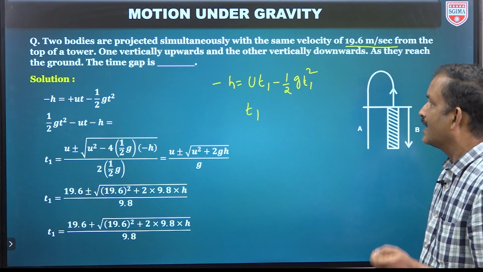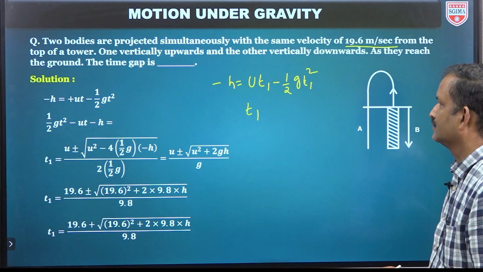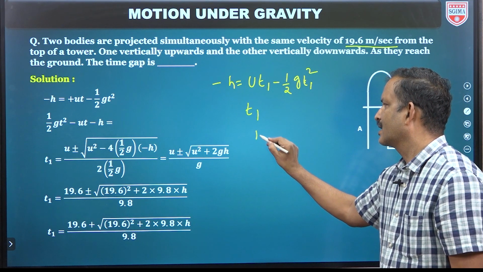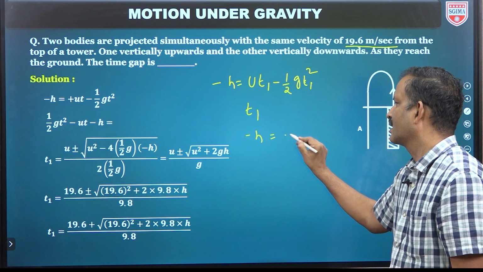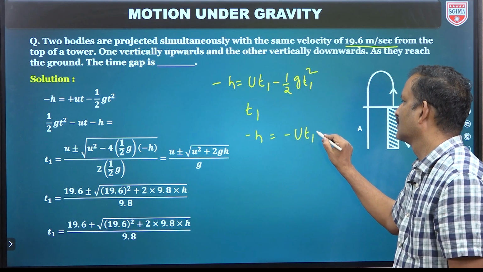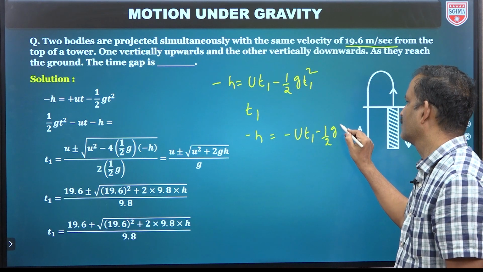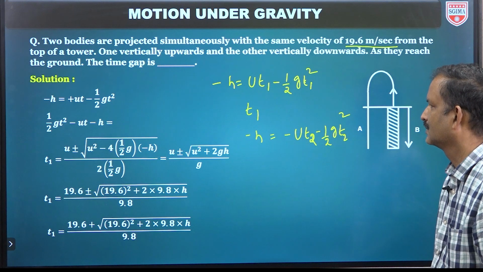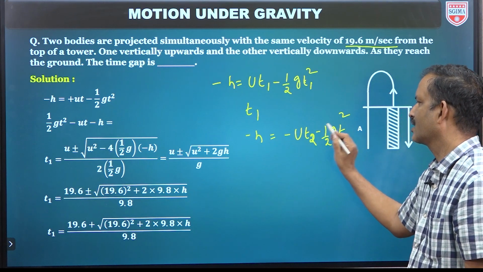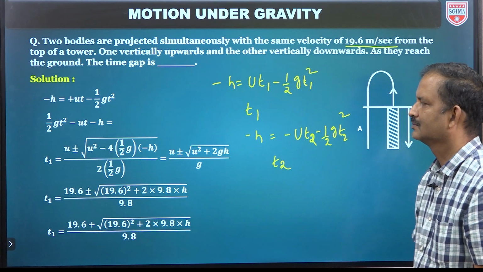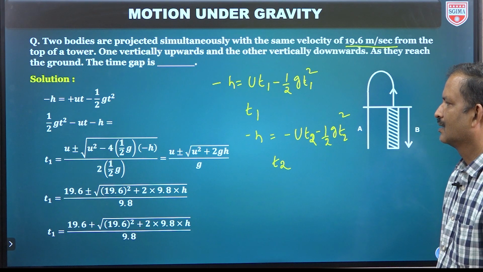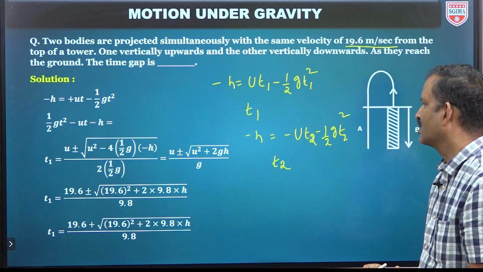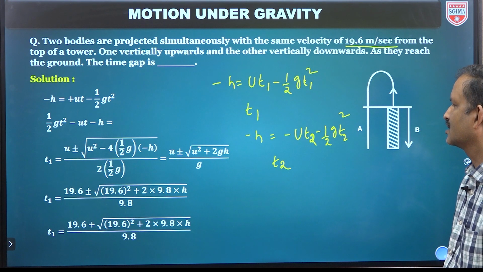Now, the other one is vertically projected down. Then what can you write now? H negative, u negative, and half g t2 square. Here I am considering time t2. Then again if you solve this quadratic equation, you will get the time t2, using minus b plus or minus root of b square minus 4ac by 2a.